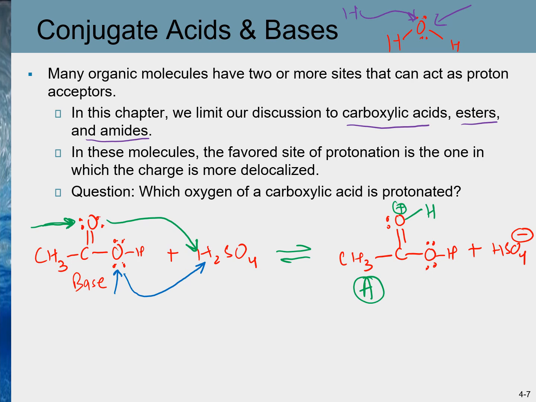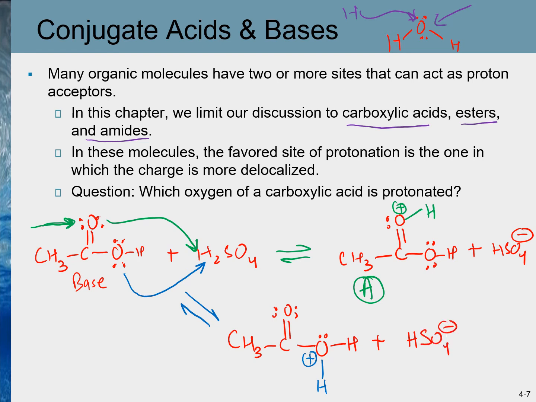In this case, the lone pair from the OH oxygen will be used to create the bond with the proton, and the end product will be a species in which the hydroxyl oxygen has an additional proton and a positive charge, and of course we will have a conjugate base of sulfuric acid. Let's call this species B.